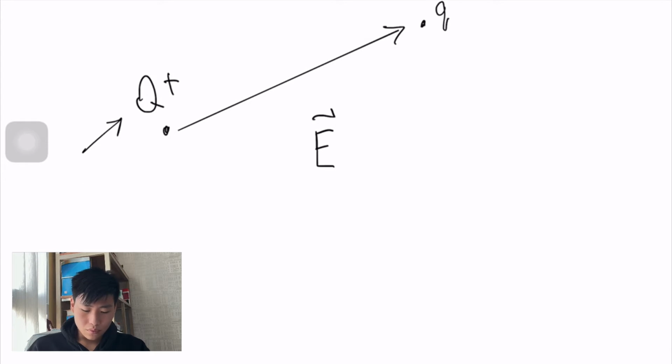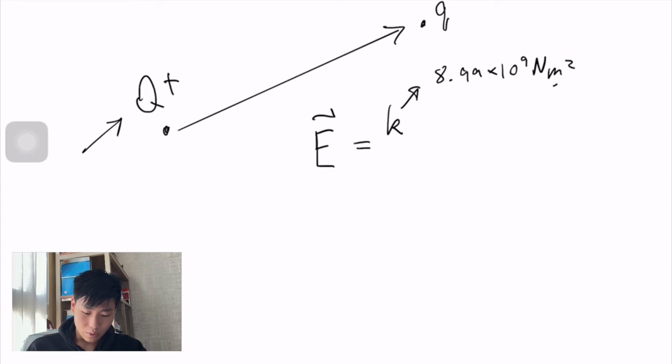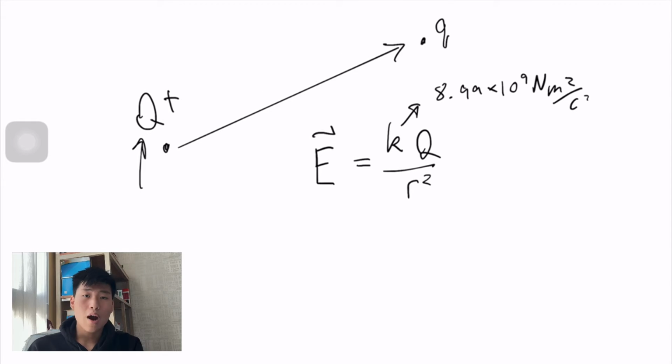So the intensity of the electric field is calculated by K, which is Coulomb's constant, 8.99 times 10 to the 9 newton meter squared over coulomb squared, times Q, the charge that exerts the electric field, over r squared. r is the distance between the two charges.